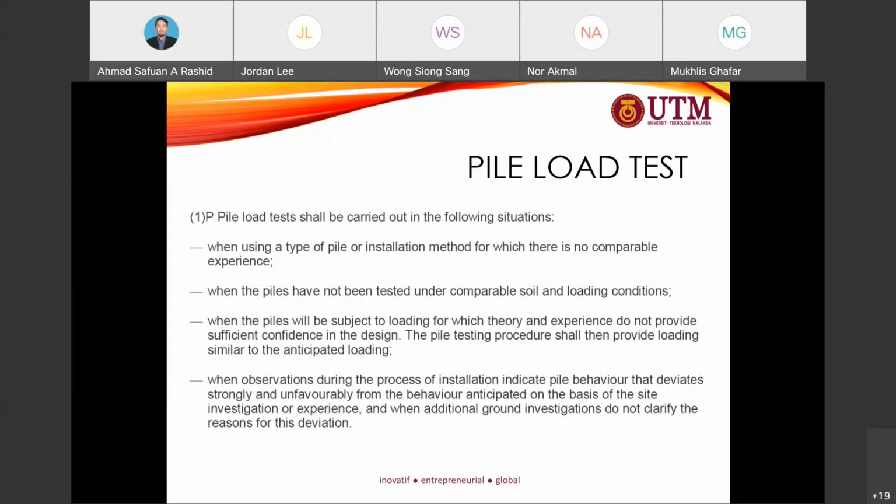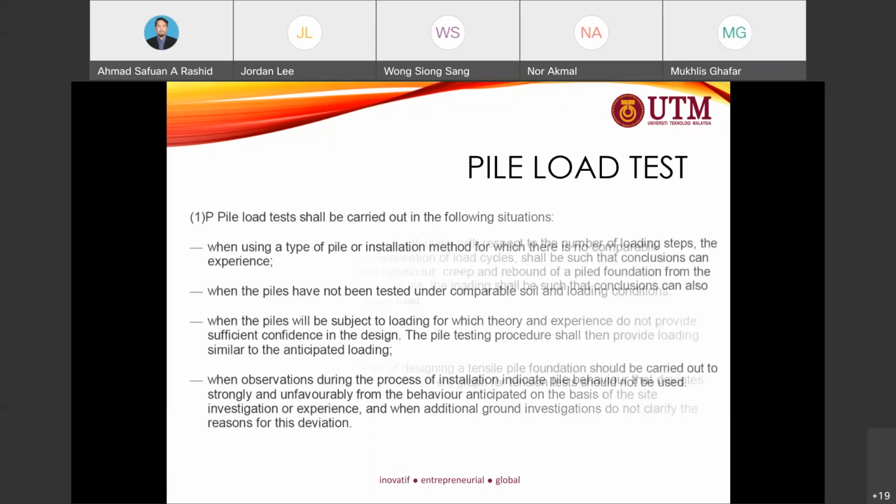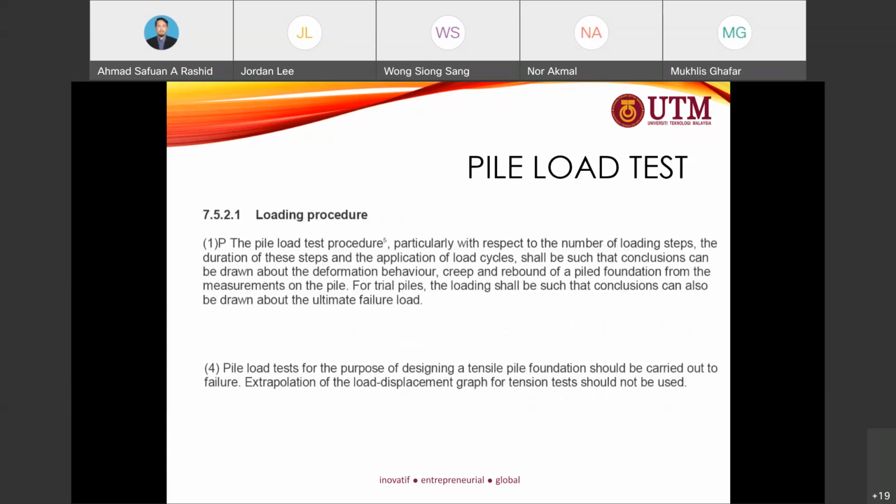So we can use the pile load test result in our determination of the factor of safety or the partial safety value. So this is just an introduction on the pile test in the EC7 under section 7.